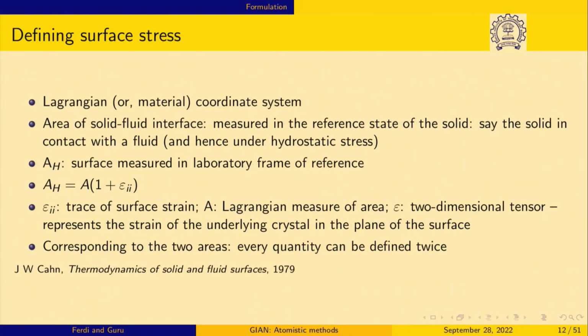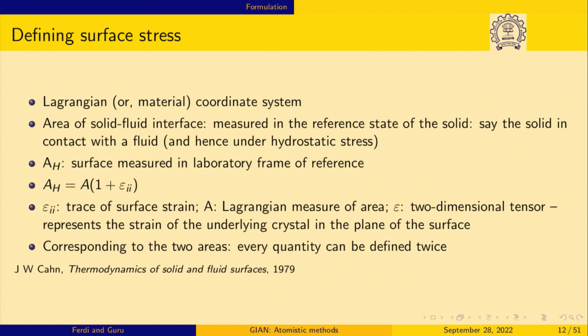Okay. So, every quantity can be defined twice, and Cahn goes on in the solid and fluid surfaces to define and show the relationship between them. Here, for example, the area relationship is shown. Area plus area times the strain will give you the area that you would measure in the laboratory frame of reference, and so on.